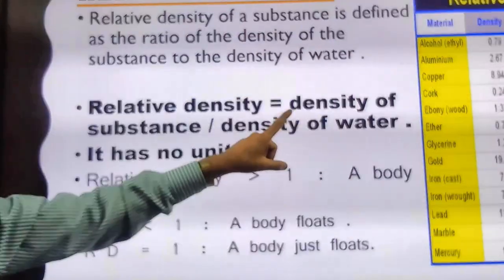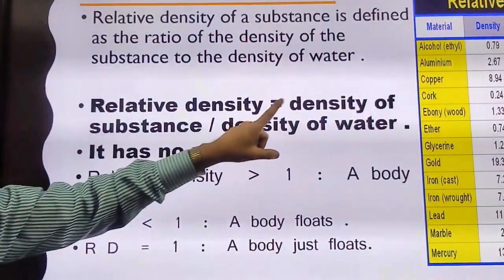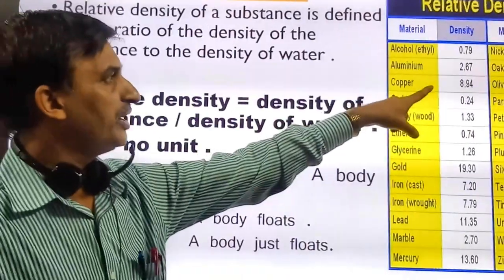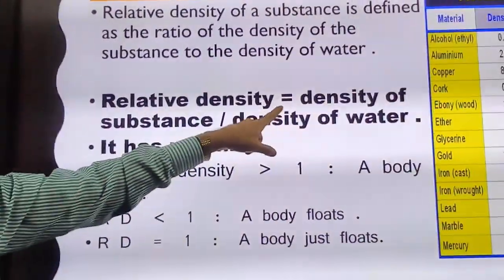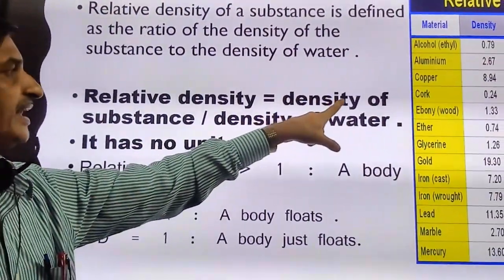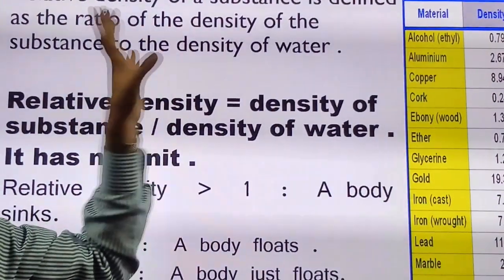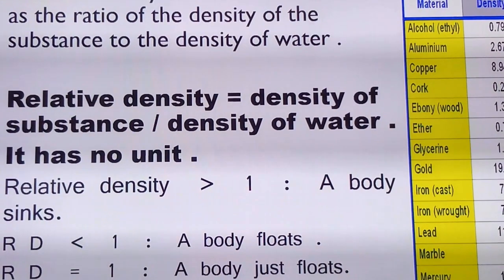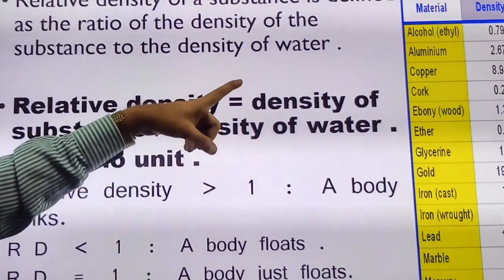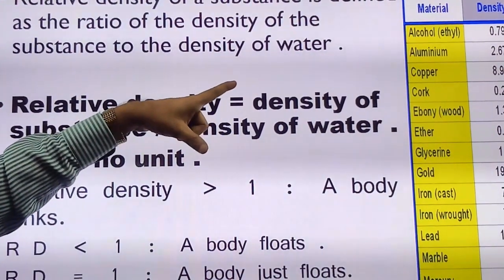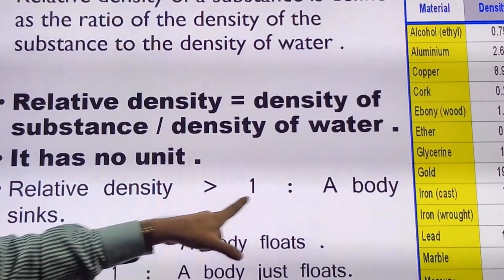If you want to find out the relative density of copper, whose density is 8.94, then you first put the value of density of copper here, upon density of water. Like this you can find it. Because the relative density of copper is more than 1, it sinks.